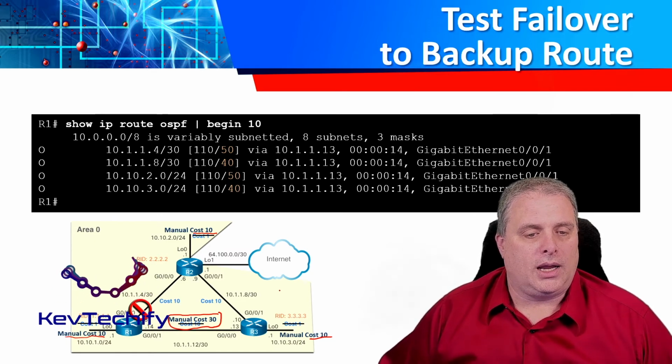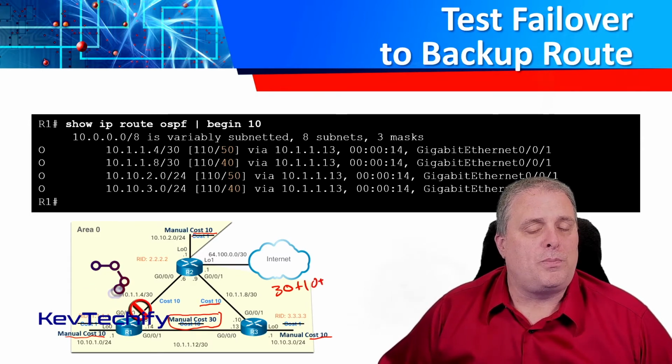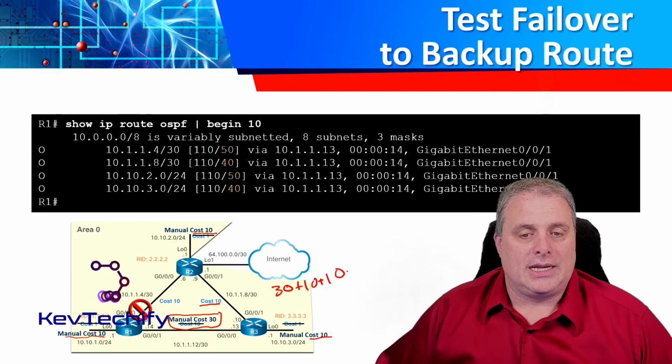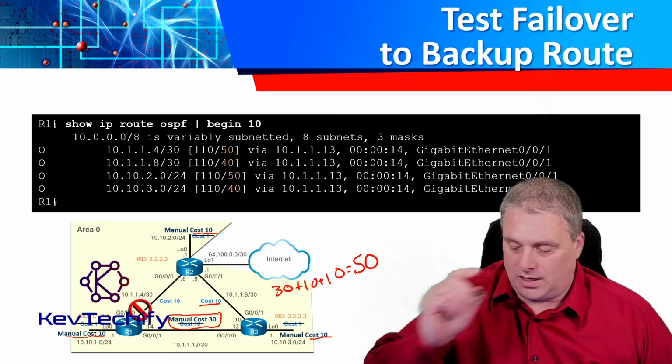That would be a cost of 30, plus the cost between R3 and R2, that would be a cost of 10. And then the cost to get onto the loopback network right here would be another cost of 10. To get there, that would be a cost of 30 plus 10 plus 10. That would be a value of 50.